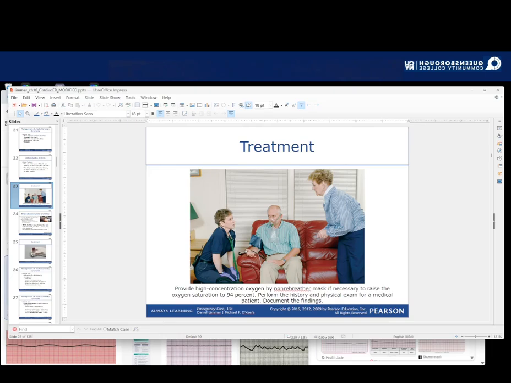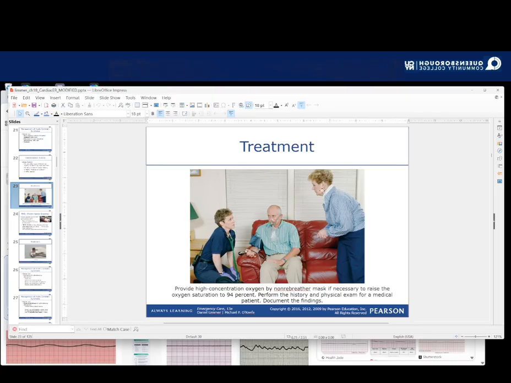Notice the EMT is at eye level with the patient, so showing respect face to face, giving the patient signs that you are treating them with full respect.